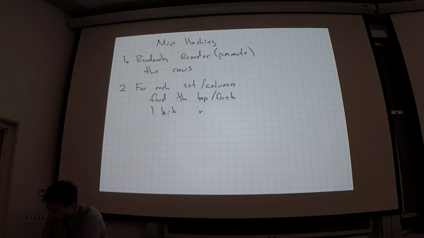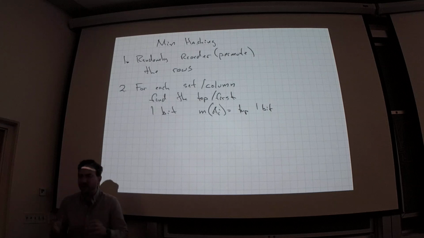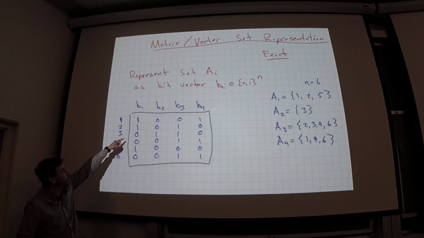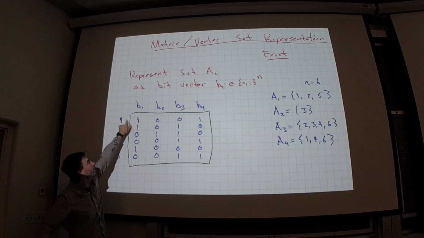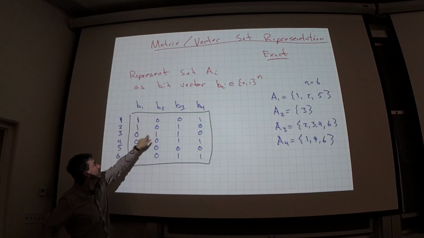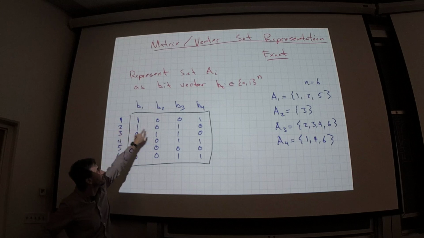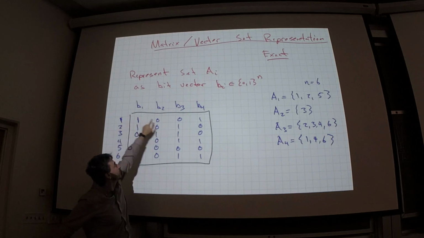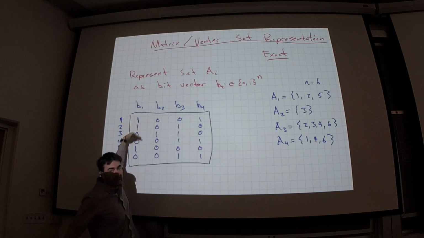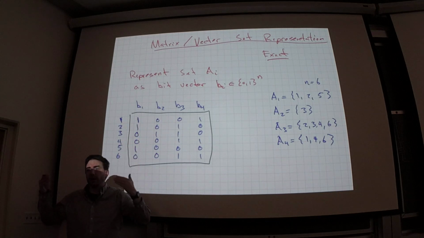So M of Ai is going to be the top 1 bit. If we look at this example without the reordering, the top 1 bit for B1 is 1, the top 1 bit for B2 is 3, the top 1 bit for B3 is 2, and the top 1 bit for B4 is 1 in this ordering. But we're going to randomize this order.